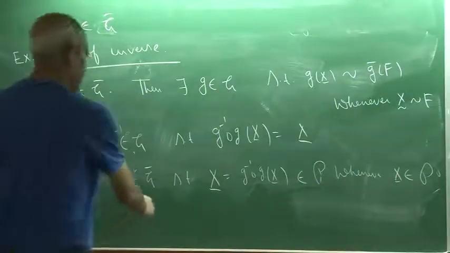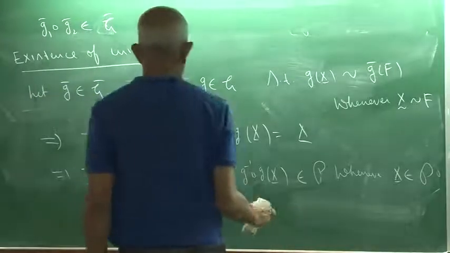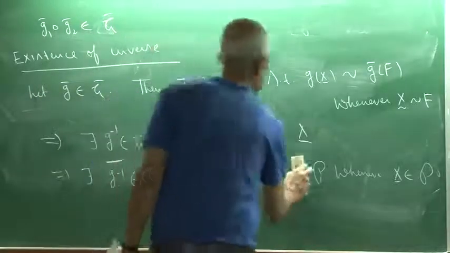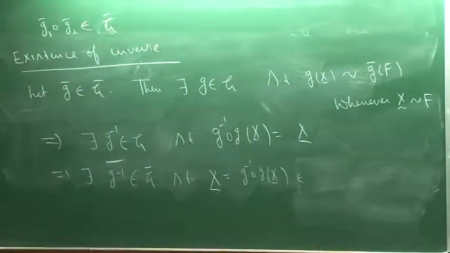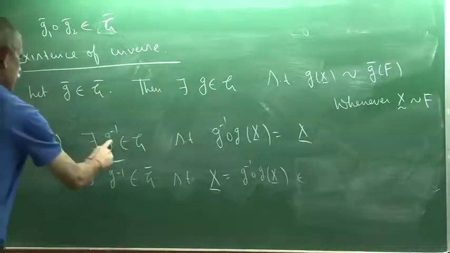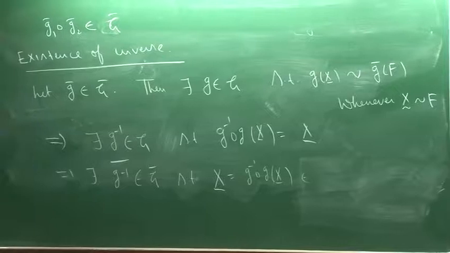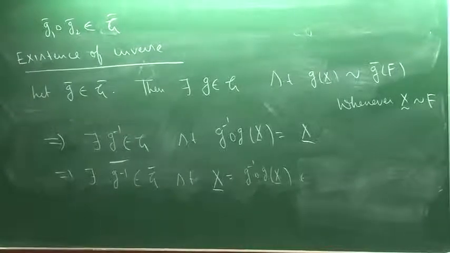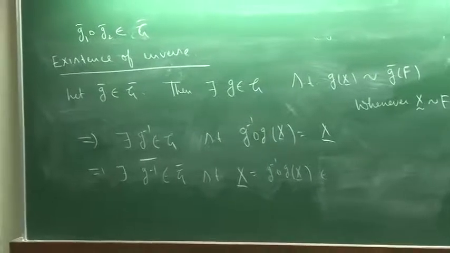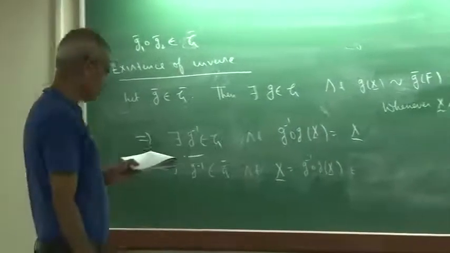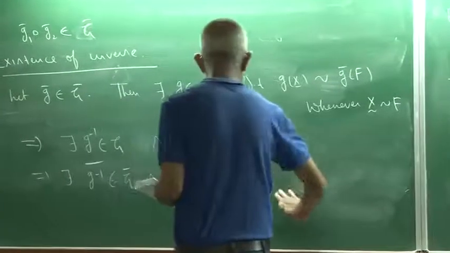So let me write down: there exists a G inverse, this says that G inverse belongs to G. Corresponding to this, there will be a G bar inverse belonging to G bar such that G inverse Gx has distribution.